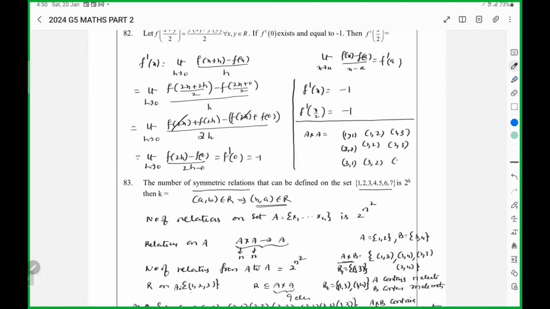Here totally 3 into 3, 9 elements are there. Leave either the above-diagonal elements or the below-diagonal elements.